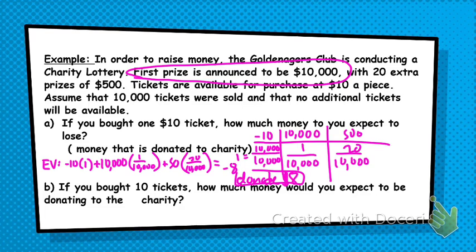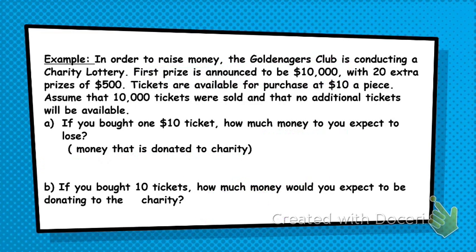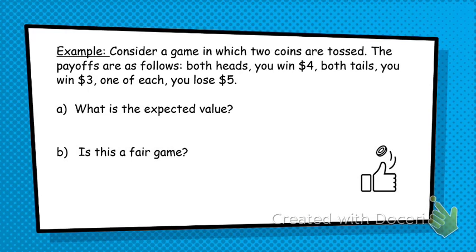If you bought 10 tickets, how much money would you expect to be donating to the charity? If I bought 10 tickets, that would just be 10 times my expected value, which would be negative 80, which is an $80 donation.